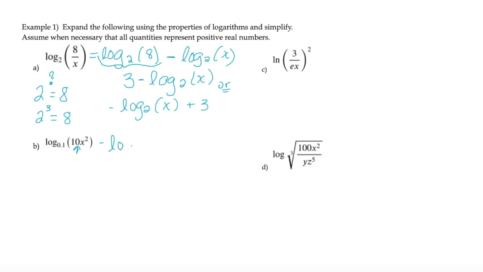This is log base 1/10 of 10 plus, since it was the product rule, log base 1/10 of x squared.